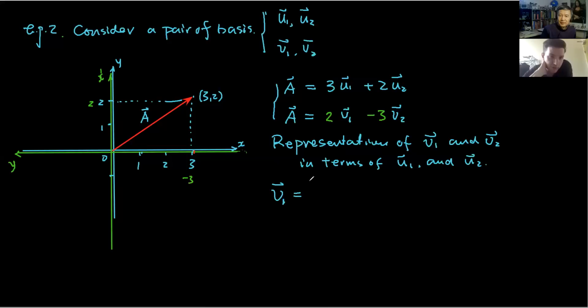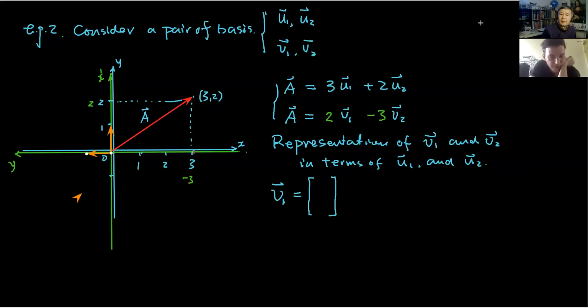If I use column vectors, how can we write this unit vector V? This is V1, and this is V2.